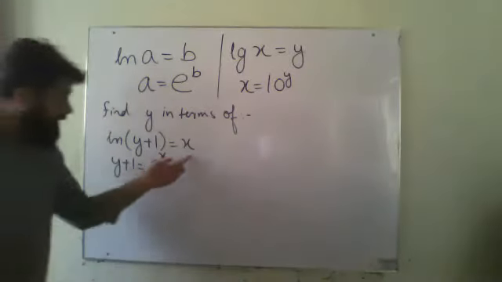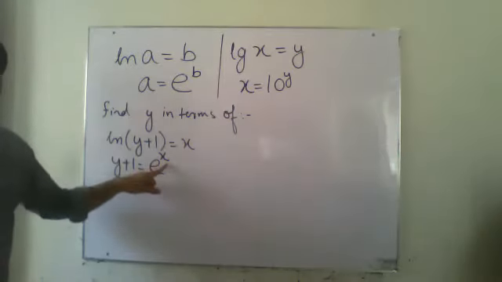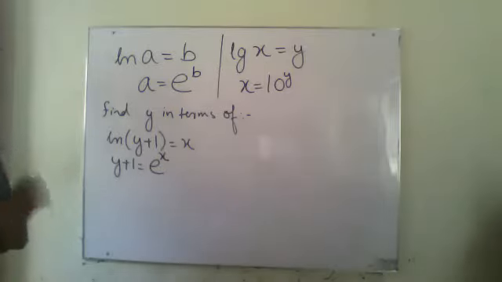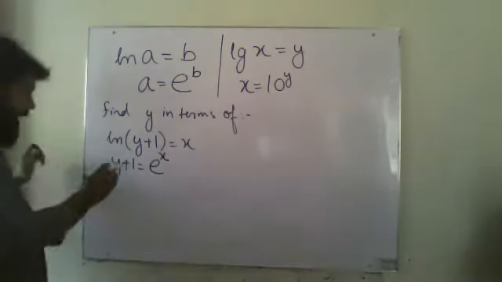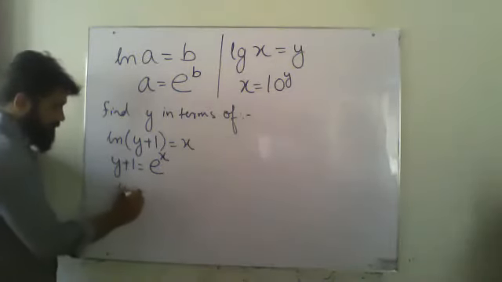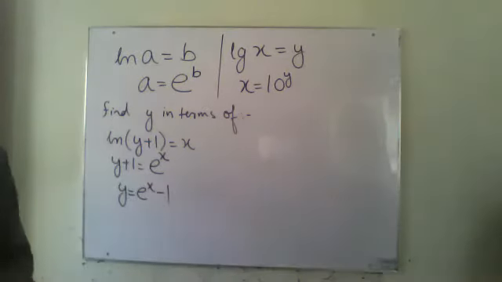Even if there is a whole equation, you will write that whole equation as the power of the exponential or as the power of 10, whatever the situation given to you. After this, shifting 1 over there, y equals e to the power x minus 1.